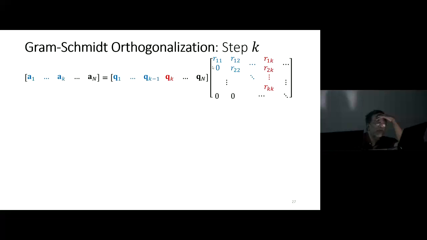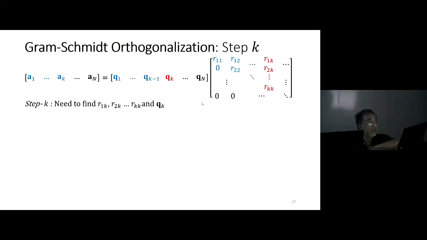But I will be using Q1 through Qk minus 1, and I'll be using the kth column here, and I'll fill up all these R's first, and then find Qk. So everything that's in red, I need to find. First, I'll find all the non-diagonal elements, R1k up to Rk minus 1k. Then I'll compute the residue Y, and then find Rkk and Qk.